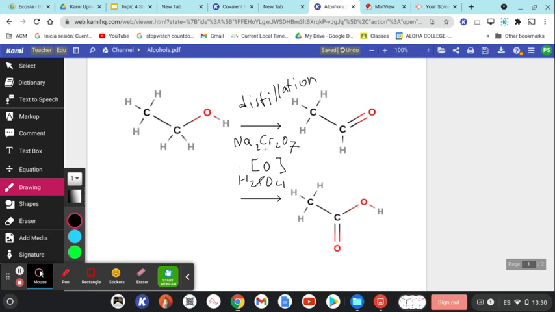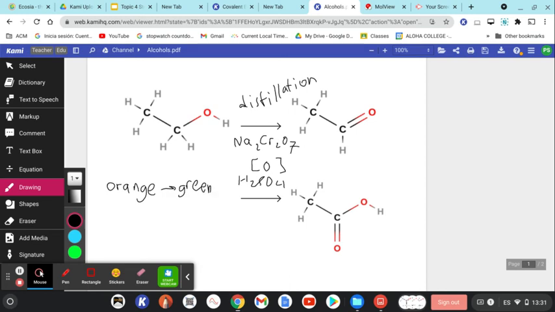Now, to know if this reaction has taken place, you will see a change in color of the dichromate because dichromate is being reduced as it oxidizes the alcohol. So we're going to see a change in color of the dichromate from orange to green.